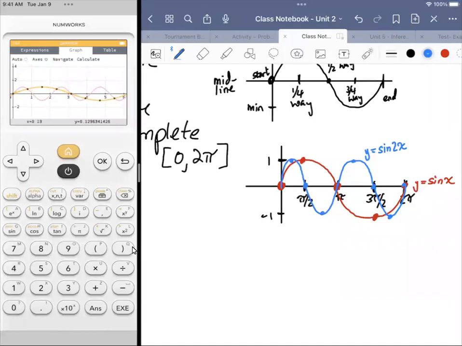So I'm on the orange one. We're going up, going back down, and then going back up. And if we go beyond the 2 pi, it'll continue the cycle. It doesn't just end the graph because we created a window.